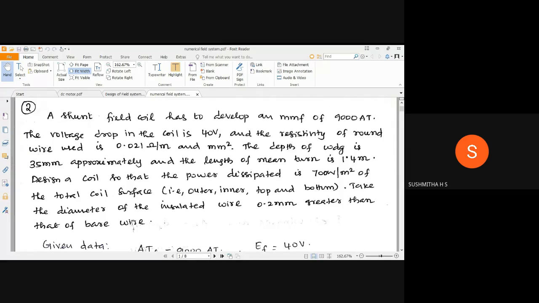Design a coil so that the power dissipated is 700 watt per meter square of the total coil surface, that is outer, inner, top and bottom. Take the diameter of the insulated wire 0.2 mm greater than that of the base wire.